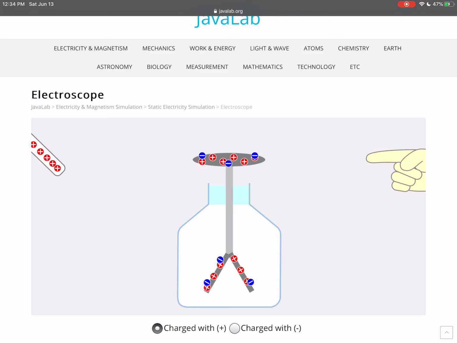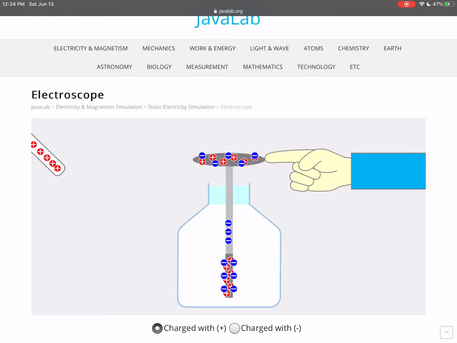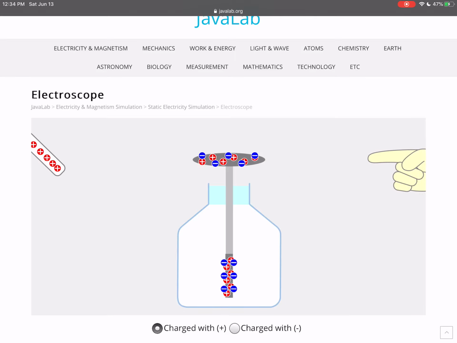Notice there's a charge on this electroscope now, and I can neutralize that charge by grounding it directly. So electrons come from this infinite, in quotes, but very, very large source of electrons in the person, and that neutralizes the electroscope.